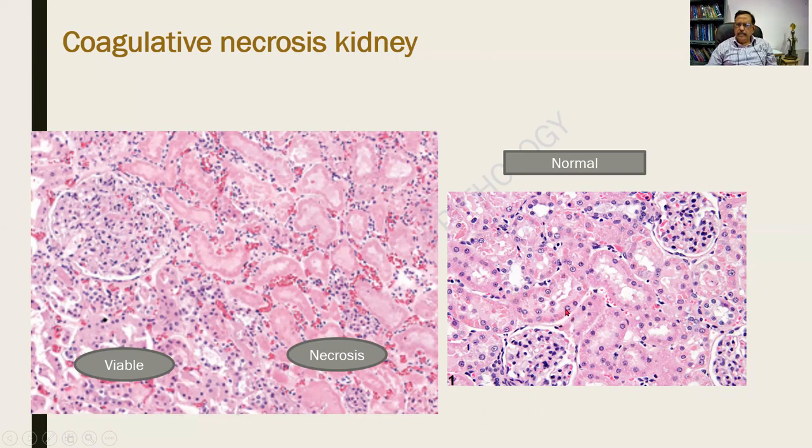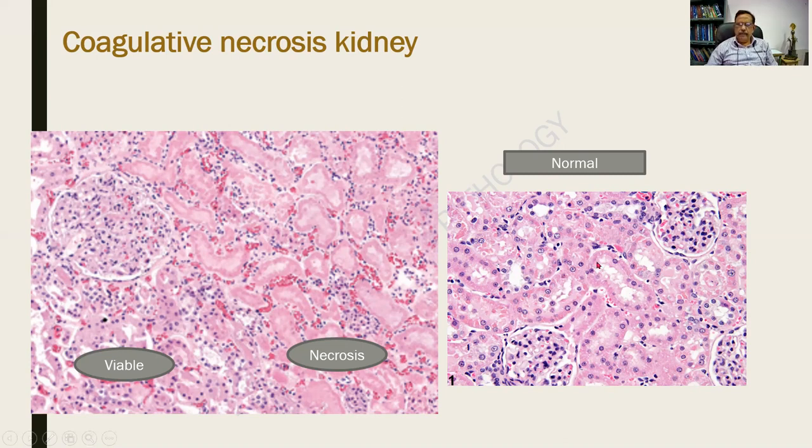I'm able to see the nuclei, and maybe these are all the cellular outlines. So it is well preserved. Here also it is preserved, but there is no nucleus, there is no life. That is why it is described as a city of the dead or a tombstone appearance. That is because of coagulation. The protein undergoes rapid coagulation and the outline is maintained, just like a boiled egg.